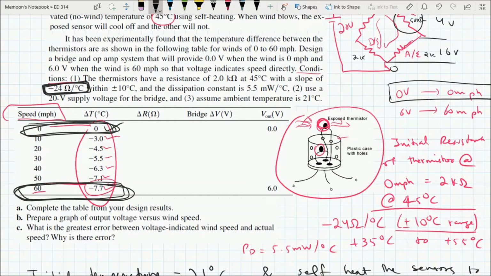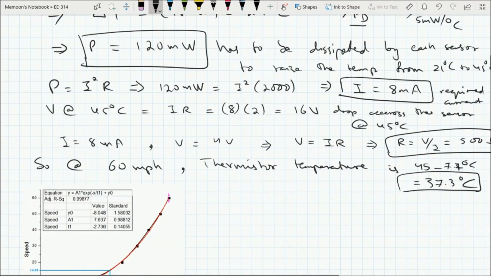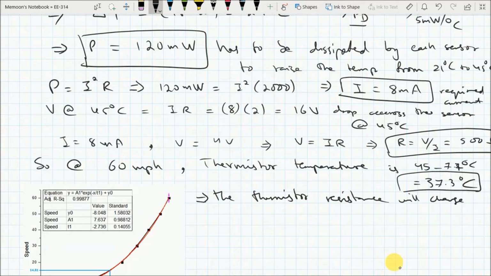So now this change in temperature is due to the environment, so this slope of 24 ohms per degree Celsius will be applicable, and this implies that the thermistor resistance will change by 7.7 degrees into negative 24 ohms per degree Celsius, and that comes out to be 185 ohms approximately.